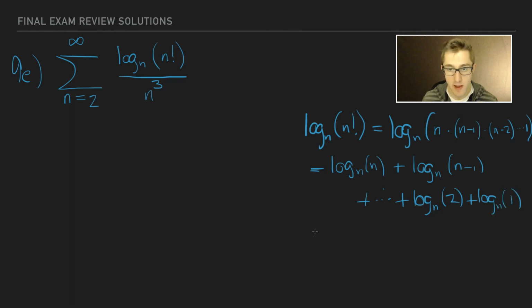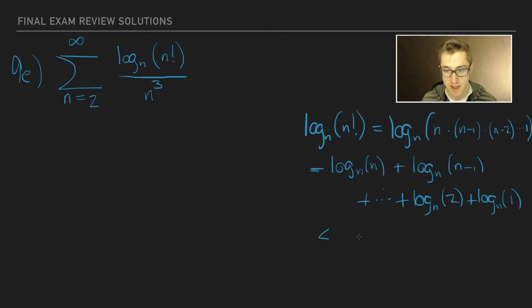All right, now we're going to do a direct comparison. So here we notice that log base n of n is 1, meaning the exponent to which I raise n to get n is 1. The exponent to which I raise n to get n minus 1, since n minus 1 is less than n, is going to be less than 1. And indeed, all of these numbers are less than 1.